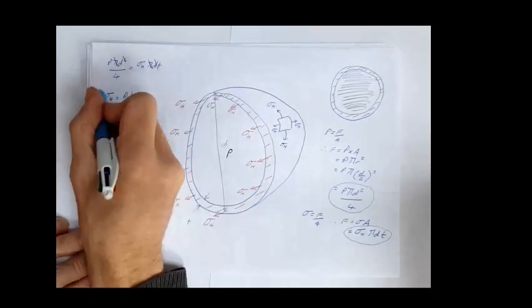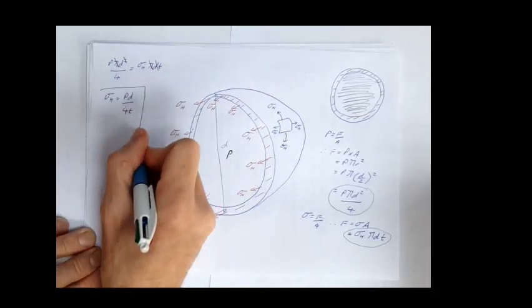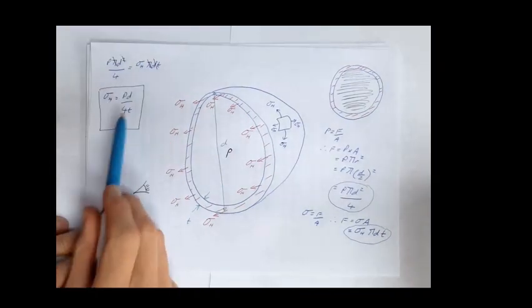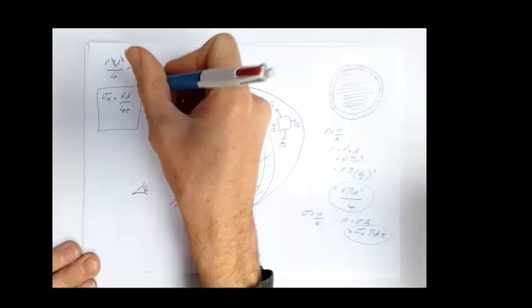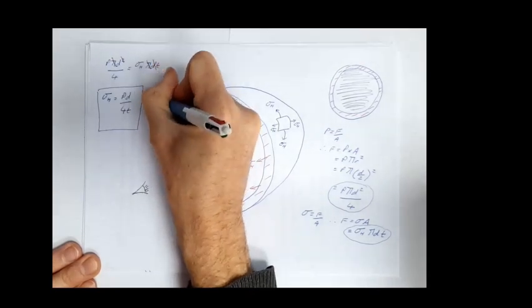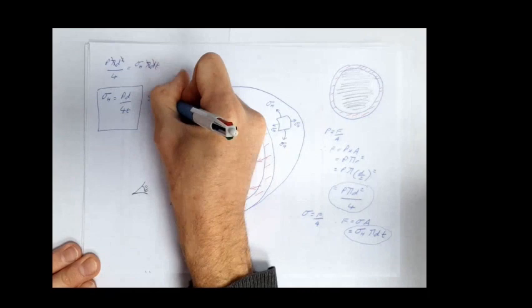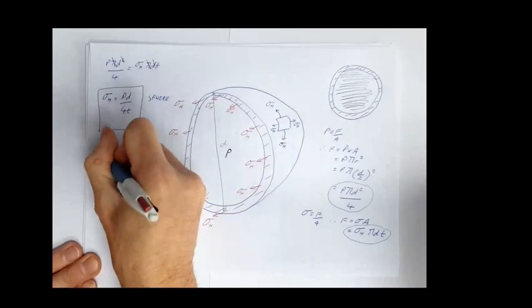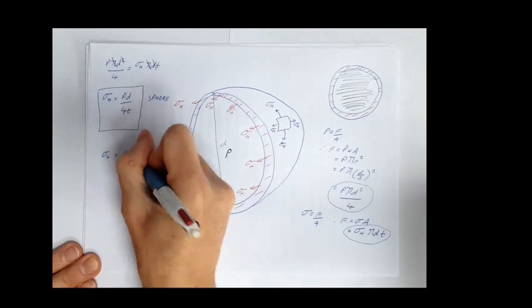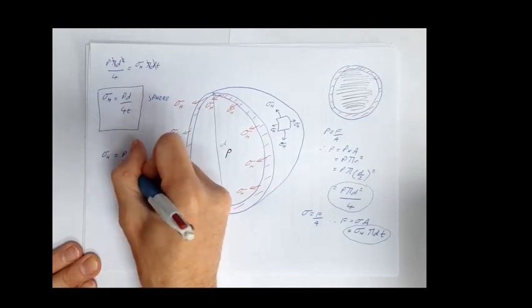So that's my hoop stress in my sphere, PD over 4T. So this is my hoop stress for a sphere. Let's compare that to the hoop stress for a cylinder, which is PD over 2T.